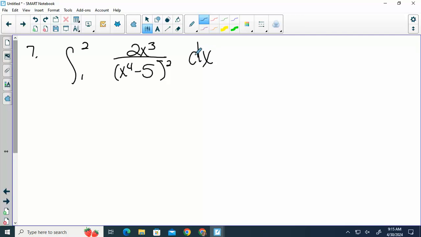Alright, is it possible to do this one without substitution? No, these things are divided. Since it's multiple terms on the bottom, I can't simplify that. So I'm going to do my substitution. U, what would you make your u value? X to the 4th minus 5.